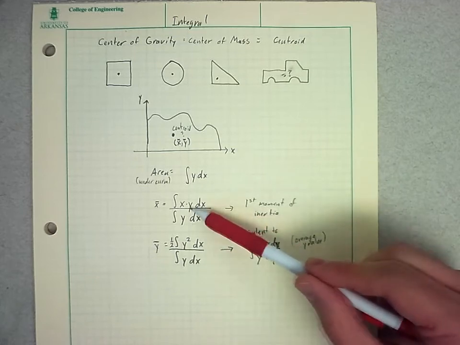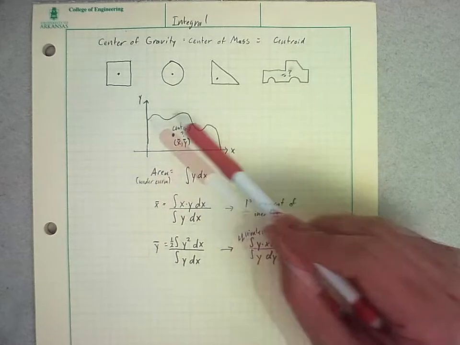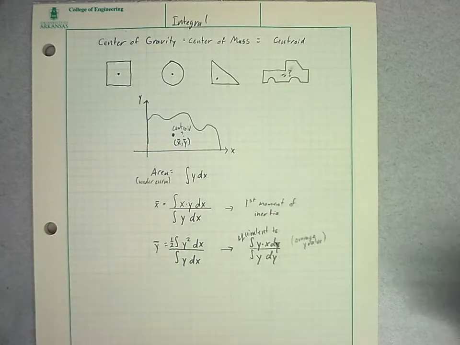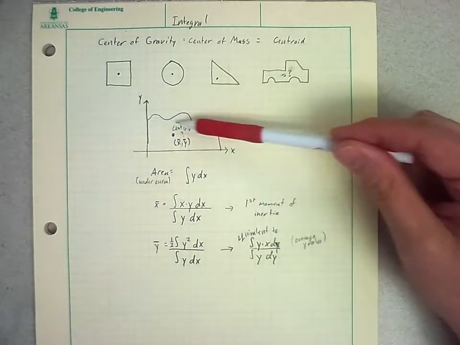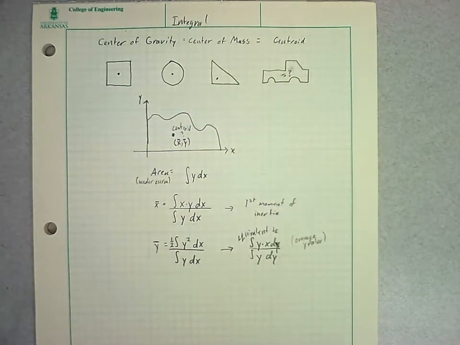But since my function is in terms of x, it makes more sense to do it this way rather than having to find the inverse function and do all sorts of things. And also you run into things like the inverse not being a function because it has multiple values across the same way. So you can run into problems like that.